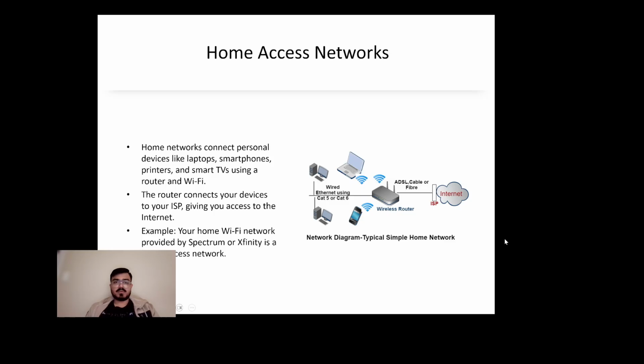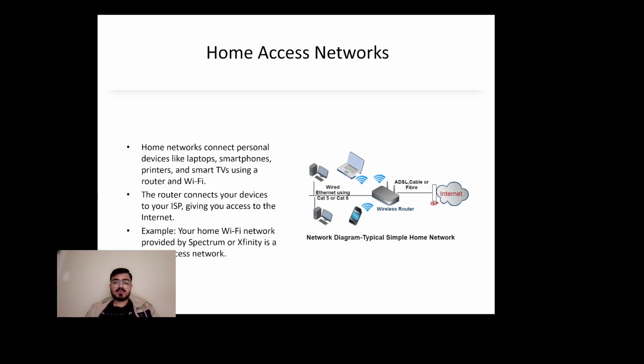Then let's talk about the next, the home access network. A home access network is what you use every day. Your router connects all your personal devices, laptops, phones, smart TVs, and printers, to the internet. The router gets internet access from your ISP through a cable or fiber line, and it uses Wi-Fi to connect your devices wirelessly.